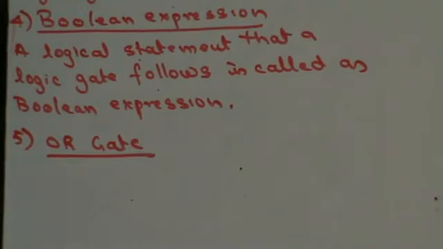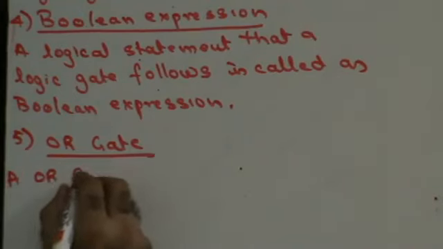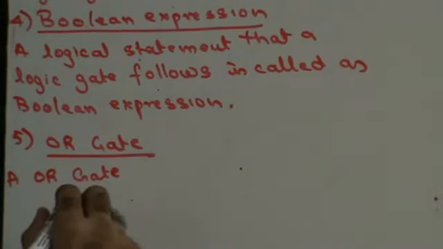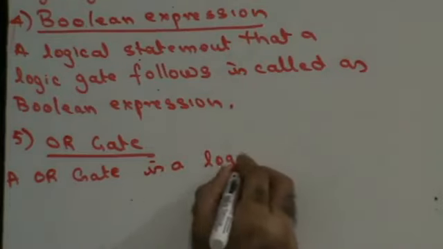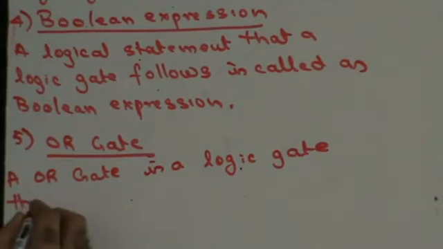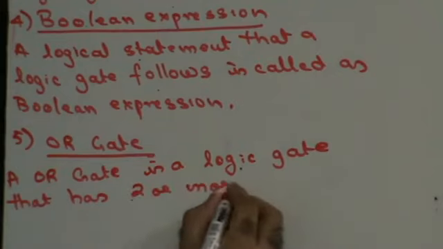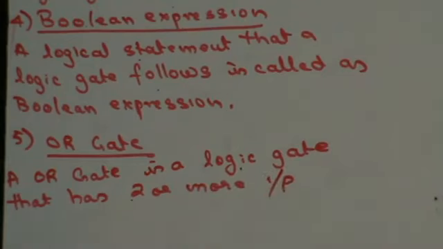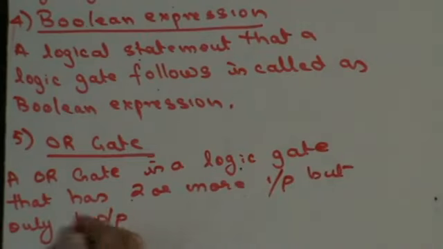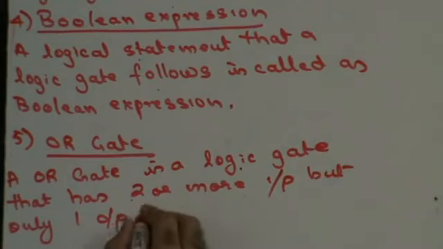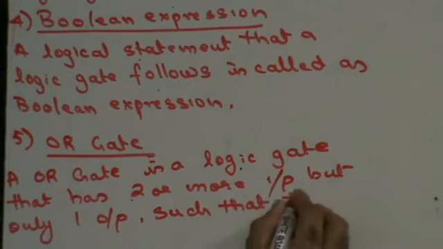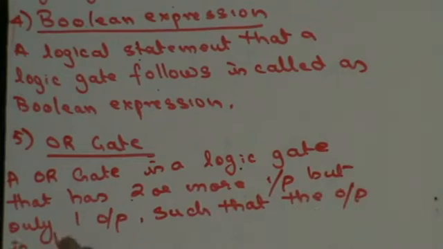Right? How do I define an OR gate? An OR gate is a logic gate that has two or more inputs, but only one output, such that the output is high if one or more inputs is high.